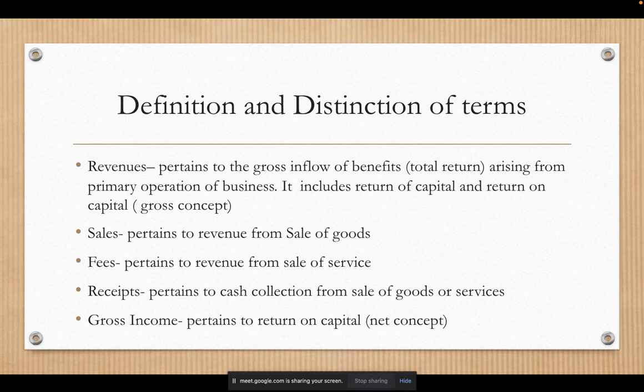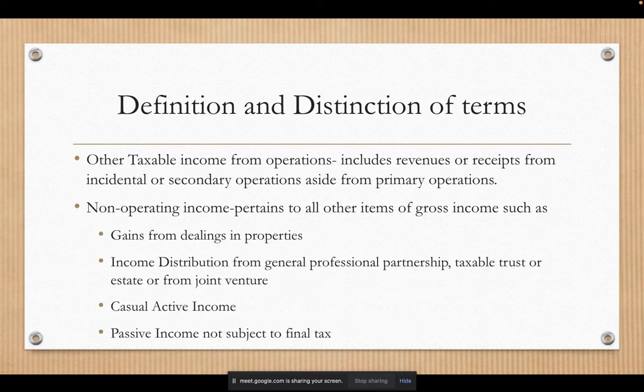Okay, let's go through the definitions and distinctions of terms. Revenues pertains to gross inflow of benefits, total return arising from primary operation of business. Okay, it includes return of capital and return on capital. Sales pertains to revenue from sale of goods, fees pertains to revenue from sale of services, receipts pertains to cash collection from sale of goods or services, and gross income pertains to return on capital or net concept.